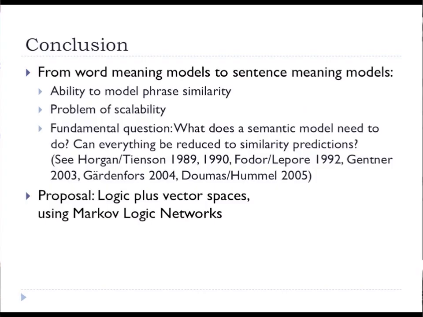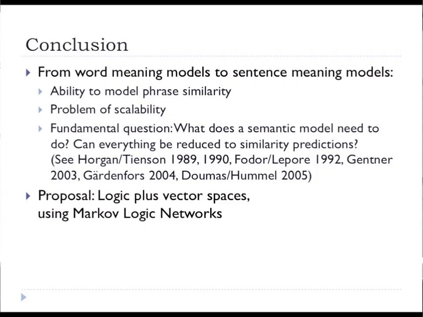Moving from word meaning models to sentence meaning models, we hope to be able to predict phrase similarity, but there are problems like scalability and fundamental questions like, what do we want our semantic model to be able to do?